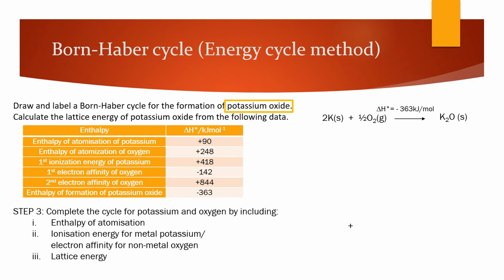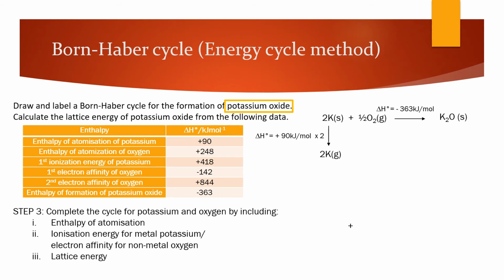So now we need to include enthalpy of atomization, ionization energy, and electron affinity and lattice energy. So we shall look at them step by step how to include them. So first, for potassium solid, we need to atomize it to become potassium gas using enthalpy of atomization.